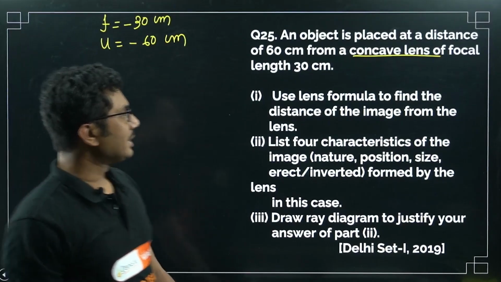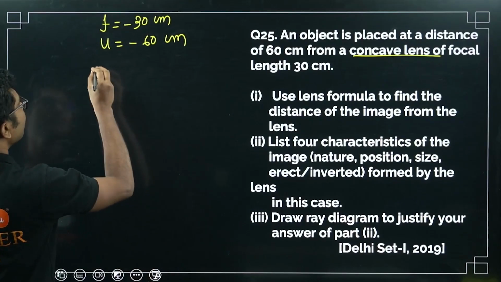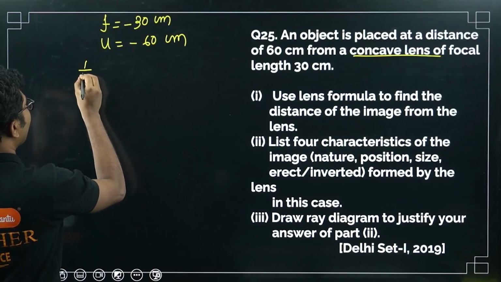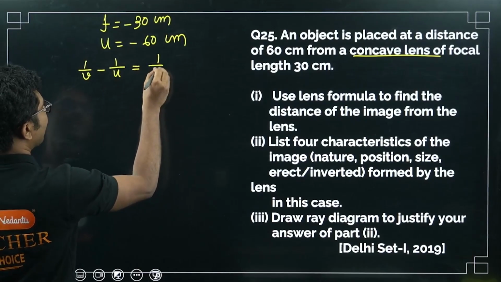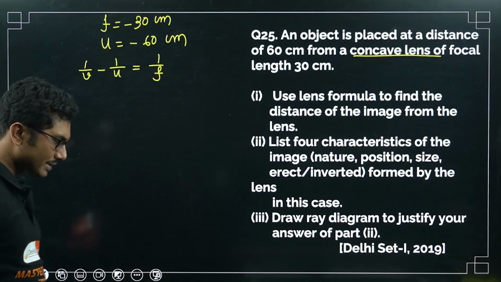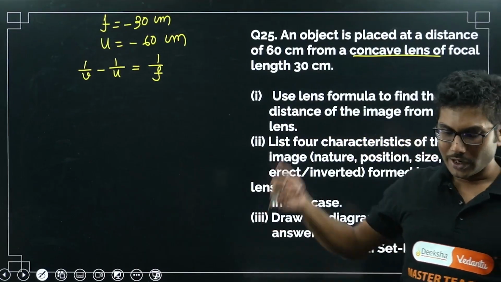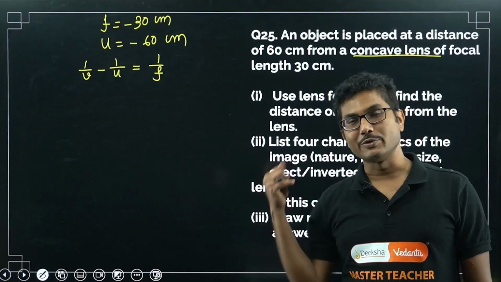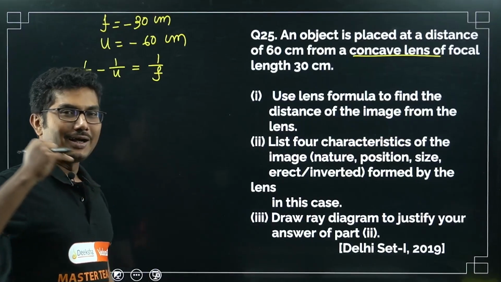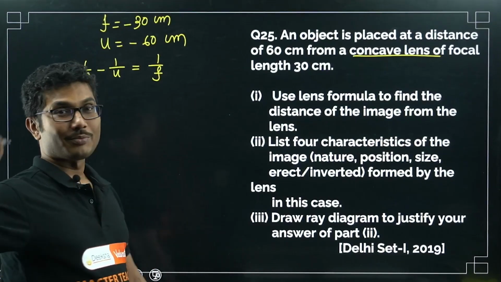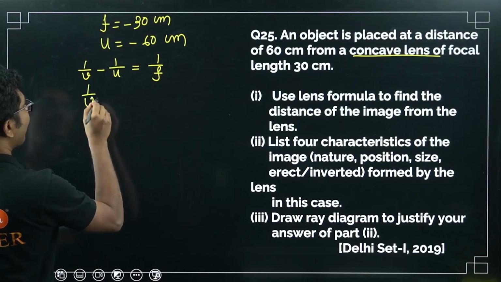Use the lens formula to find the distance of the image from the lens. So you have to use the lens formula 1 by v minus 1 by u equals 1 by f. Now remember, if you are not using proper sign, what can happen is you wanted to find it for a concave lens, but you get it for a convex lens. So everything will be massacred if you are not using proper sign convention. Sign convention is very, very important.